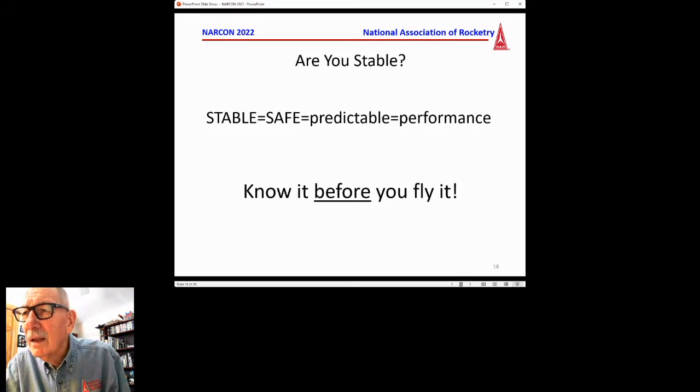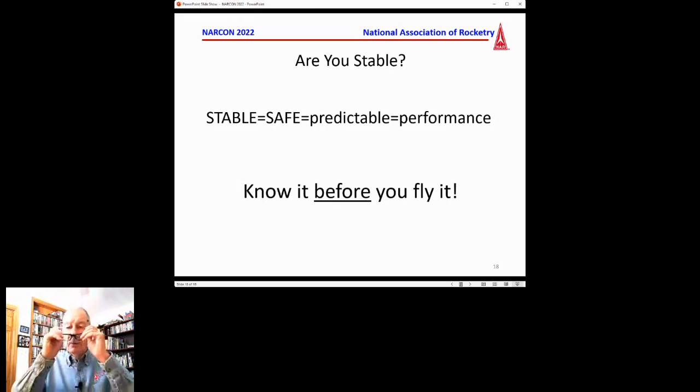The next question from Rebecca is, what are some steps that would have to be done to calculate the stability of a rocket for supersonic, hypersonic flow? To do that, you have to do numerical integration of the flow field. It's quite complex.